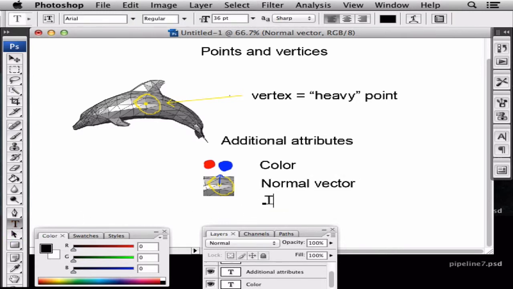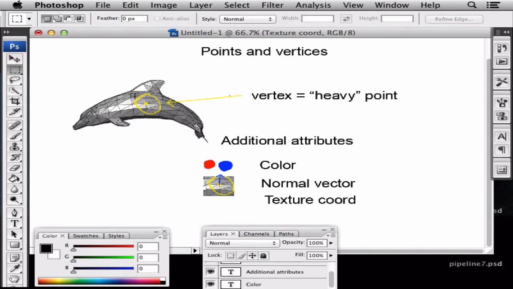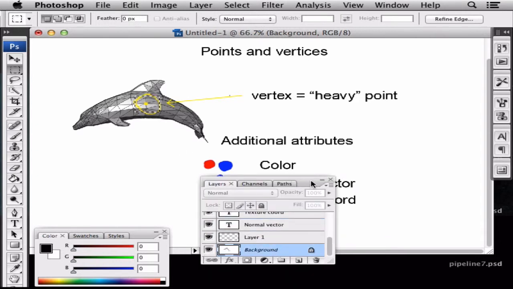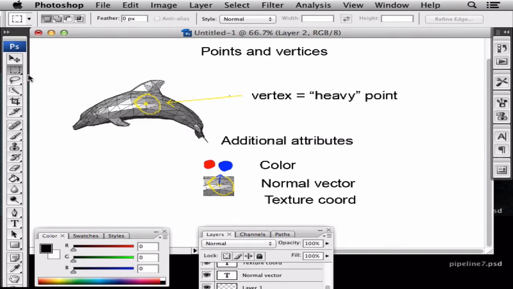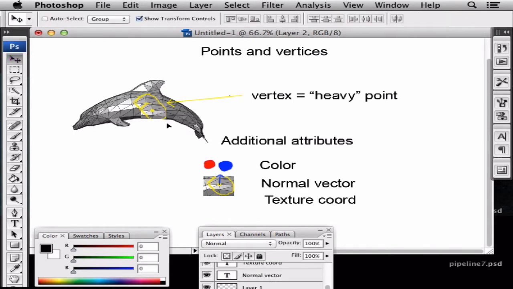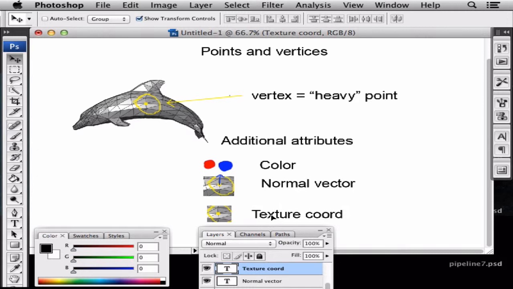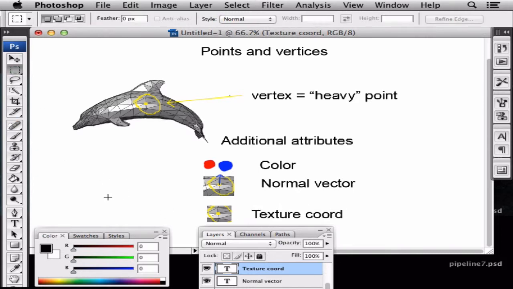Then of course there are texture coordinates. Now this mesh we're looking at is actually not textured, but it could be. There could be a texture on it. So I'm just going to draw a little texture.